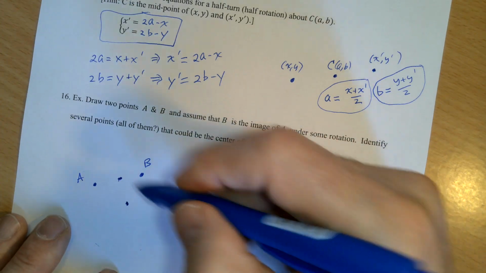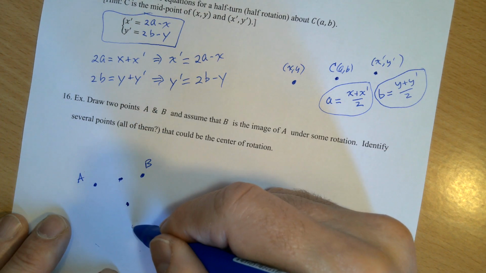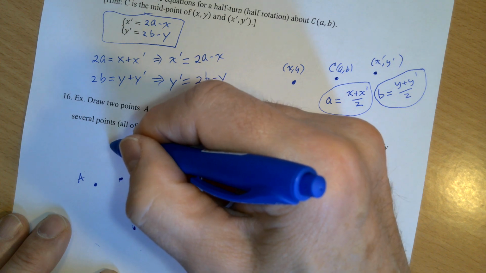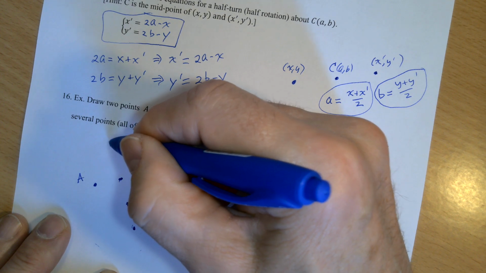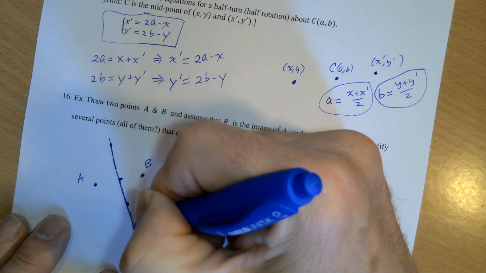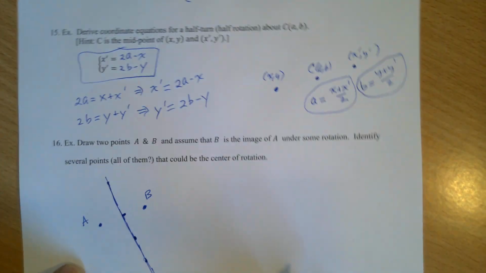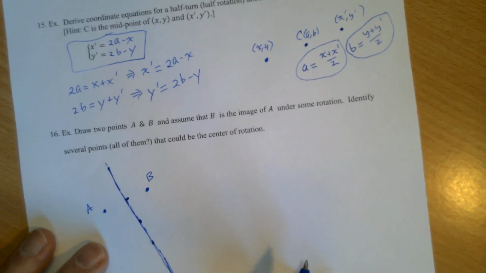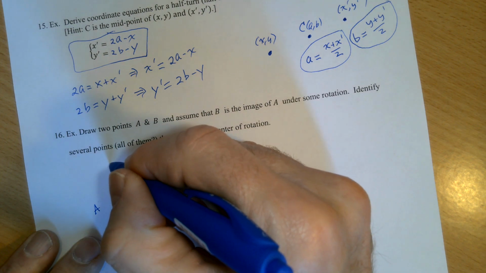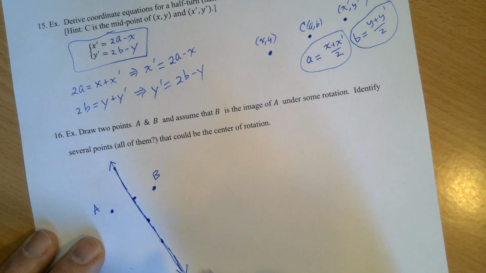But it turns out that you could use any point that is equidistant from A and B. Any of these points could be the center of the rotation. So that would literally be all of them.